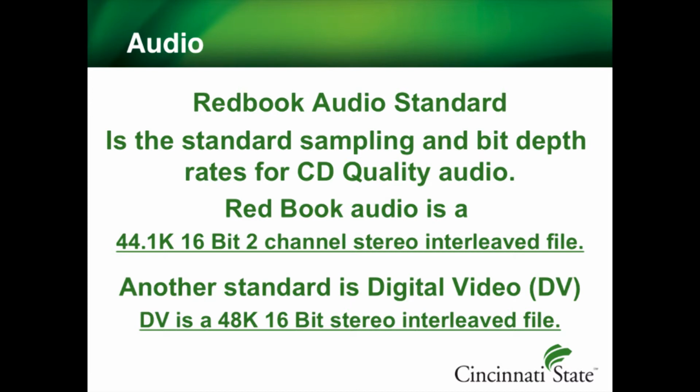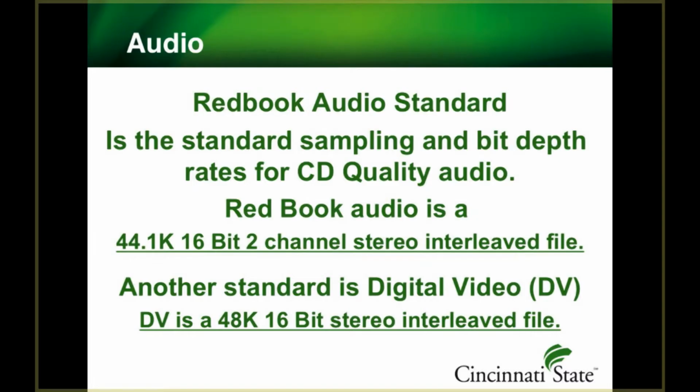But going back to the Redbook audio standard. There was a series of researchers who, when they were first coming up with the standard for digital audio, kept all their notes in a red notebook. So this became the Redbook audio standard. It's nothing fancier than the color of the notebook they used.